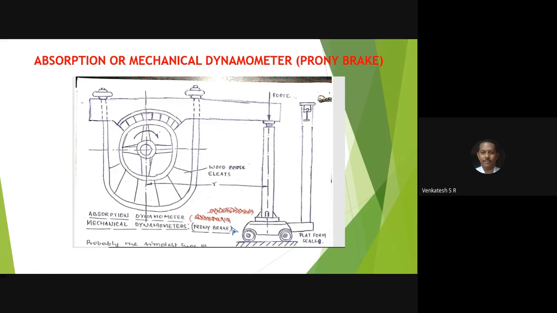Please write down the question: explain briefly with a neat sketch the absorption or prony brake or mechanical dynamometer.